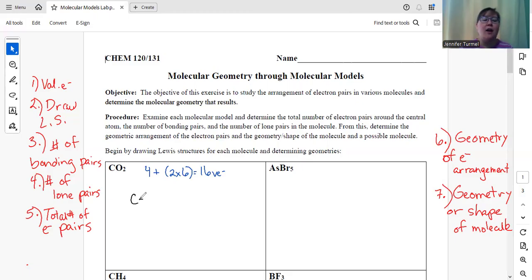So we're going to start by putting in our oxygens, just like so. Now that's got 2, 4 electrons so far. So we're going to start putting in our electrons here.